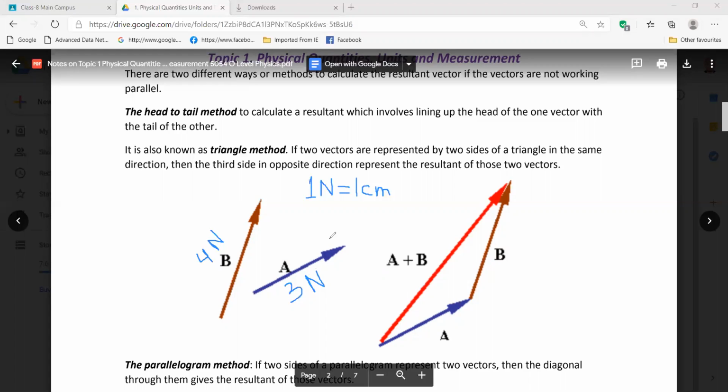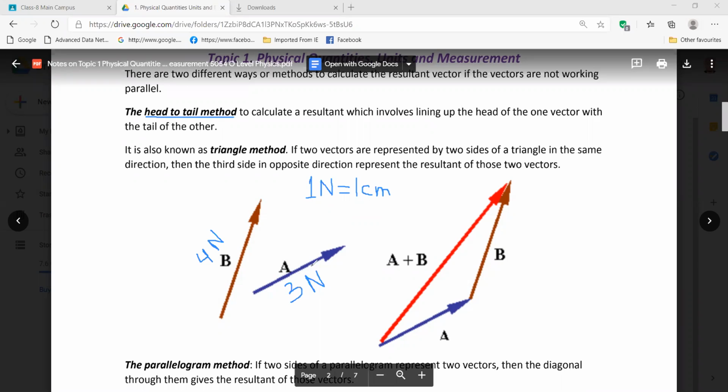Now, your first step is to do scaling. After the scaling is done, the next step is to transform these vectors to apply the head to tail method.